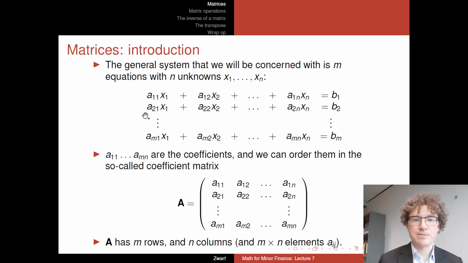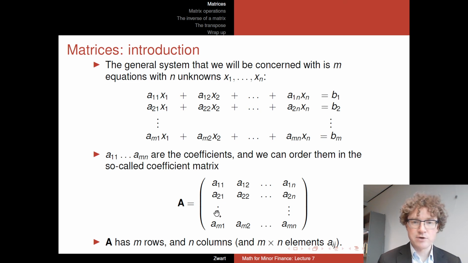So some further jargon here: we call these things rows. There are m different rows here. One, second row; these horizontal lines are the rows. So there are m different horizontal lines, so m different rows in this coefficient matrix, bold A. And there are n different columns, one for each variable essentially.